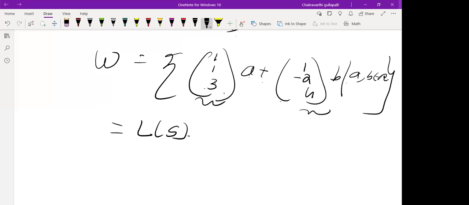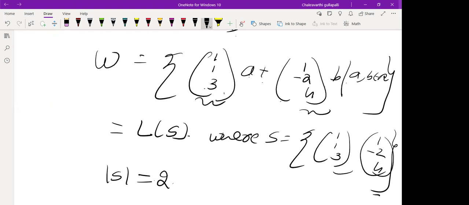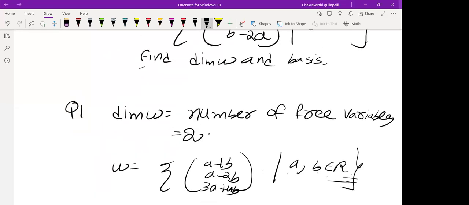What is S? S is (1, 1, 3), (1, minus 2, 4). How many vectors are there in S? Only 2 vectors. Components are 3. What is the dimension of W? 3? Dimension of W is 2.